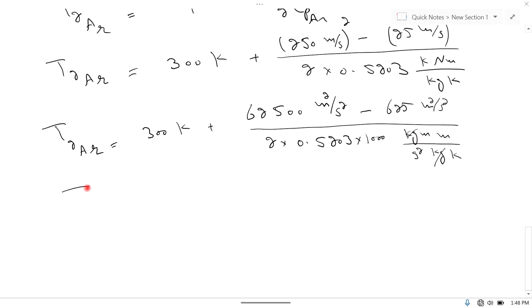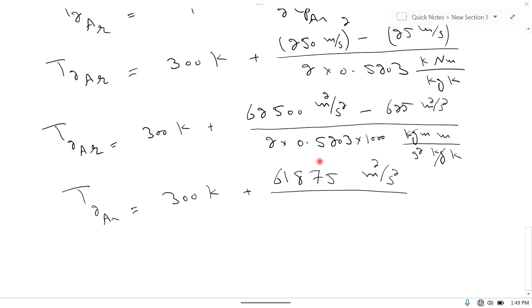Now T2 for argon is equal to 300 Kelvin plus the difference of these two values, which is 61875 meter square per second square, divided by 2 multiplied by 0.5203 multiplied by 1000.